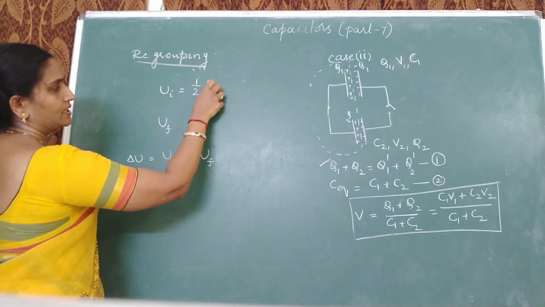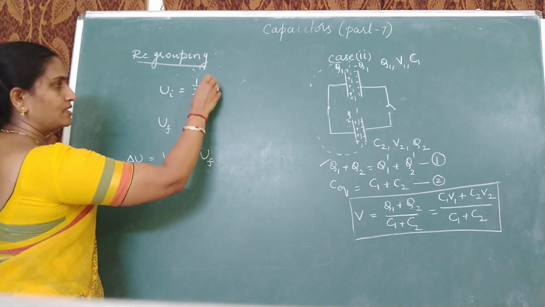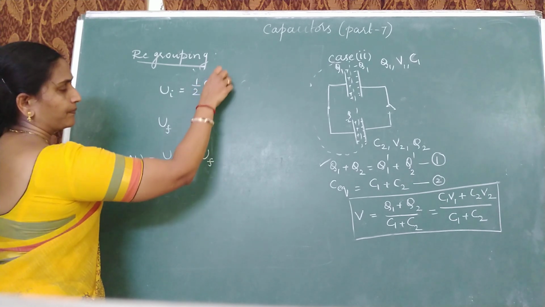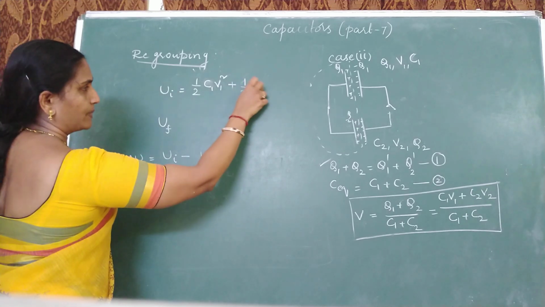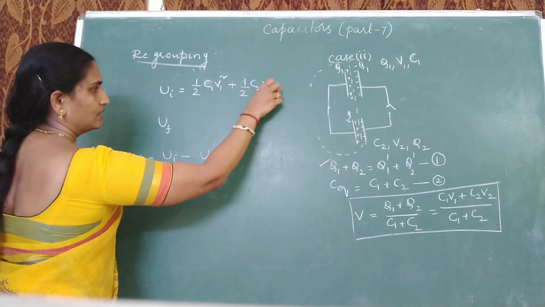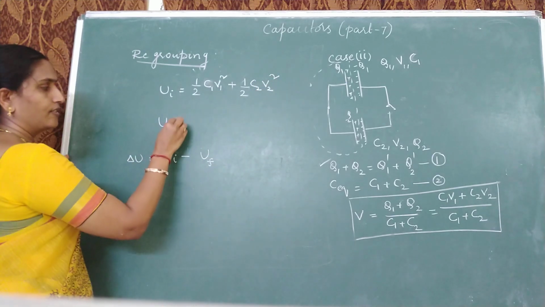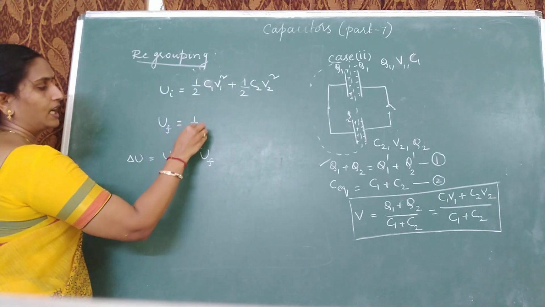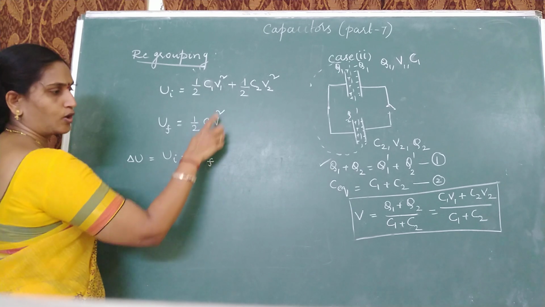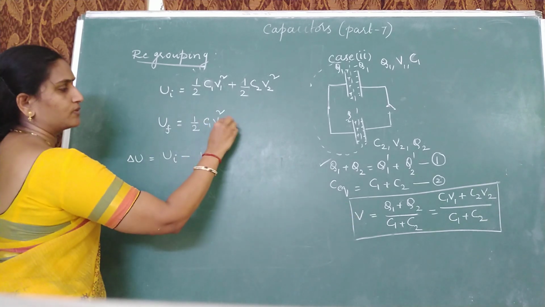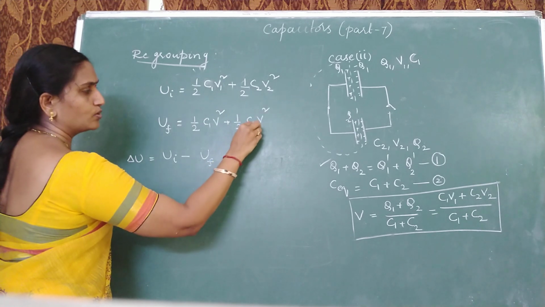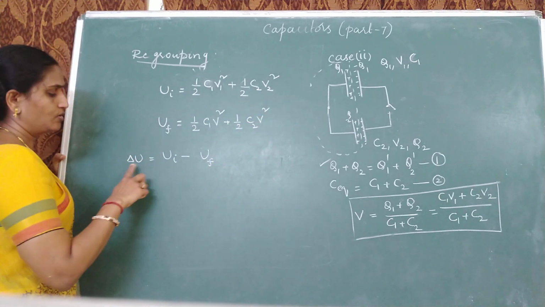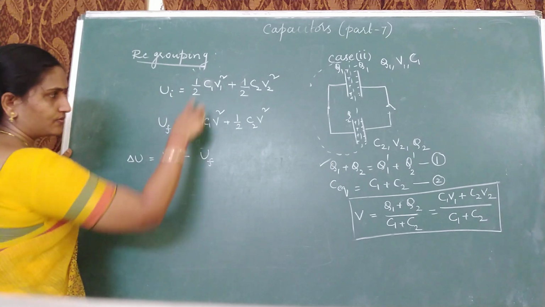Half C1 V1 square for the first capacitor. Energy stored by the second capacitor, half C2 V2 square. Finally, half C1 V square, where V is the common potential, we already got the formula, plus half C2 V square. So energy lost should be the difference of these two.